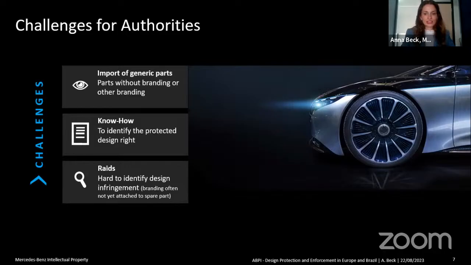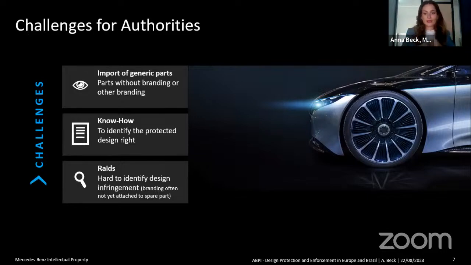And the third challenge for authorities is during raids. It's hard to identify design infringements during raids, as the branding is often not yet attached to the vehicle parts, because we see that in many cases, the branding is applied in a different production hall right before it's shipped to the end customer.